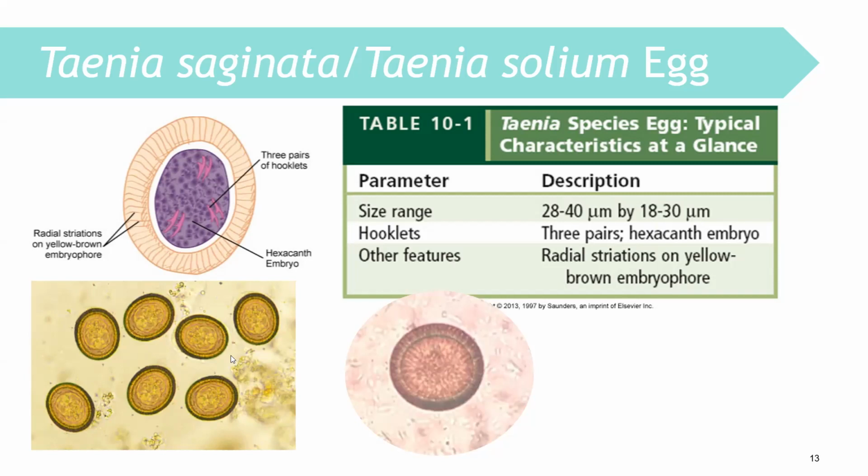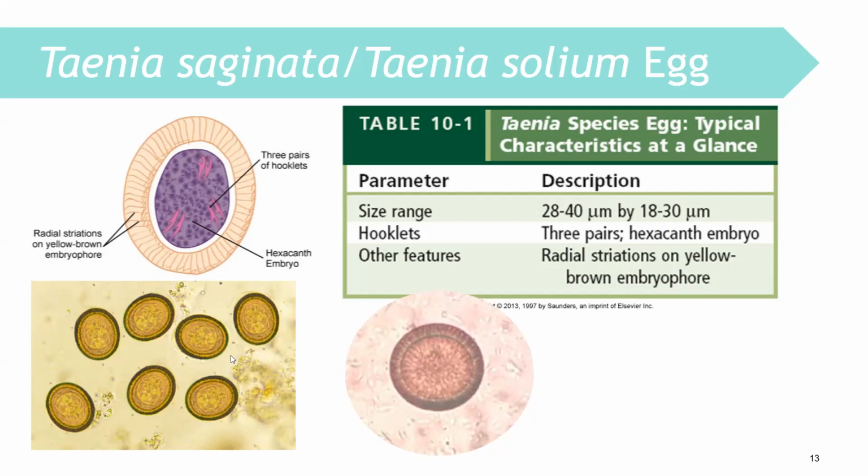The same thing goes with Taenia saginata and Taenia solium, wherein you cannot identify specifically if that is saginata or that is solium, unless you are going to measure the egg.